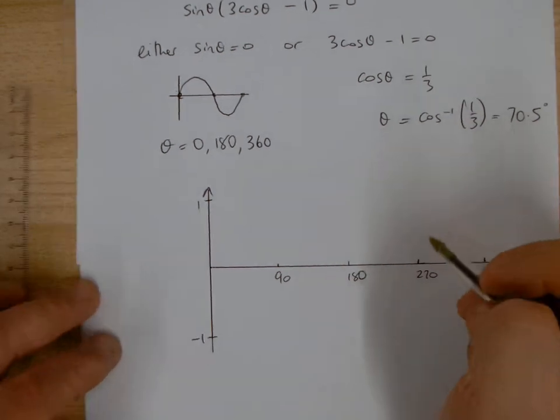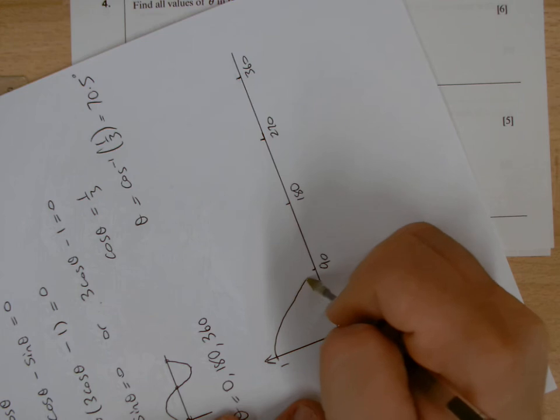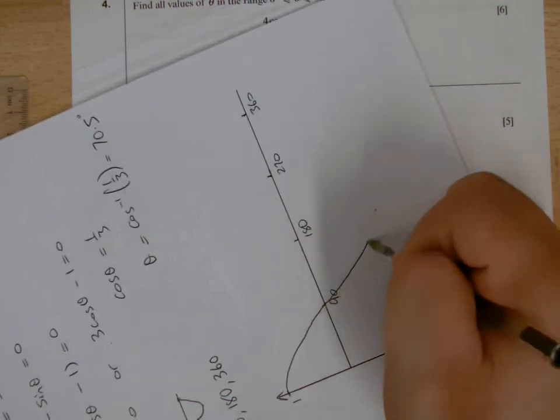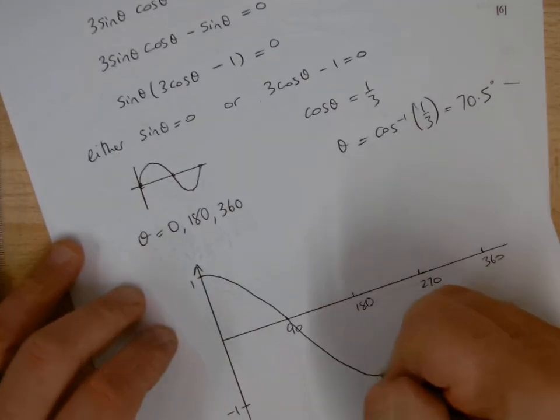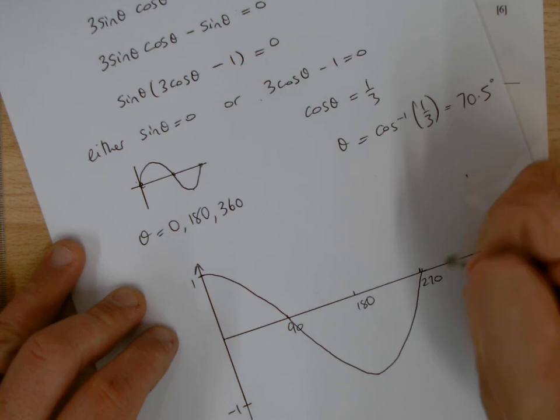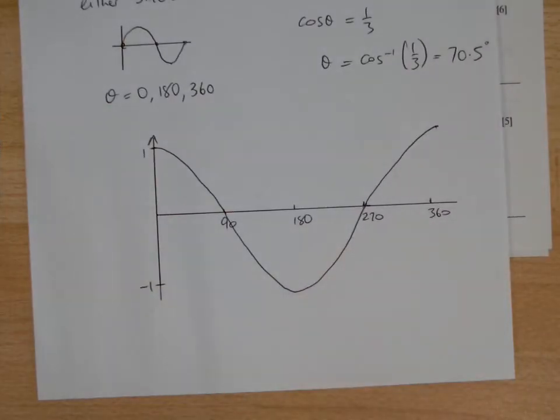And you know the cos graph. If you're not sure, just put cos 0 in, cos 90, you get your values. By drawing a scale, it's easier to see the symmetry, even if your graph drawing isn't brilliant.